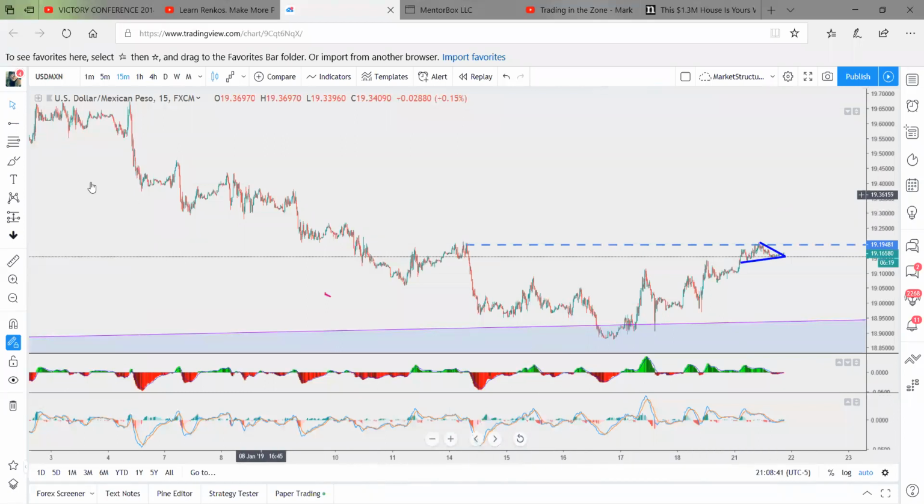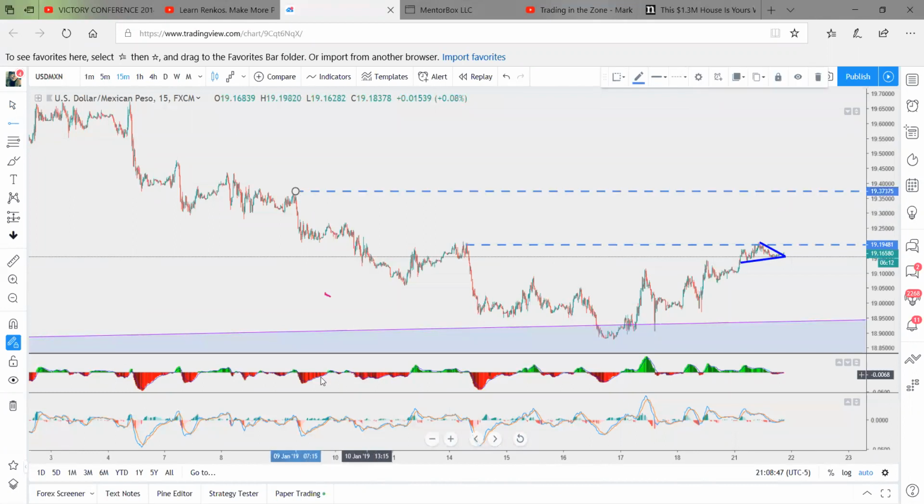Once it breaks out of there, then you can buy it up to here. And that is from zone to zone, 1737. So about 1700. So shoot, I might be buying this.